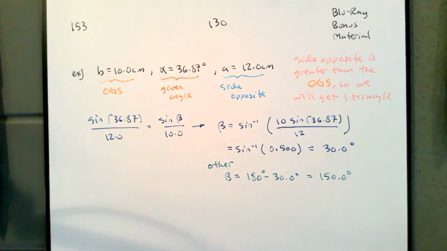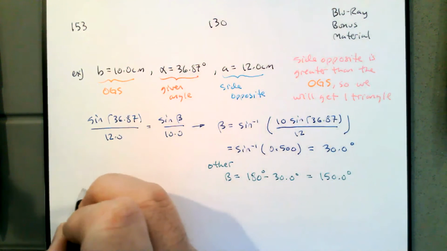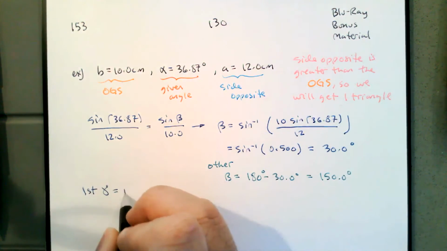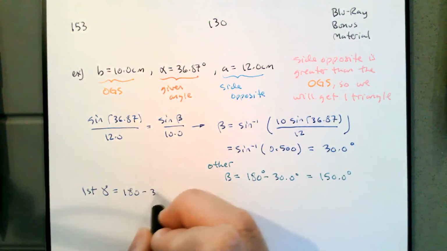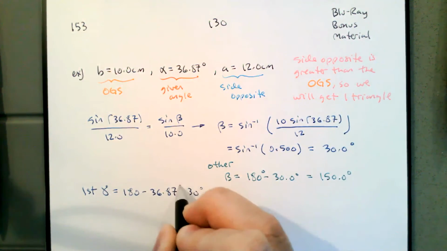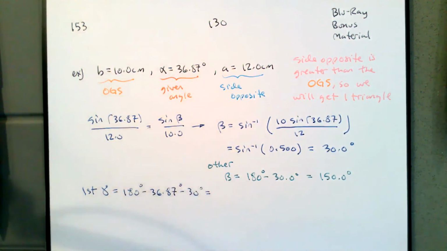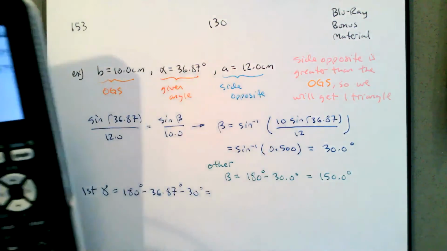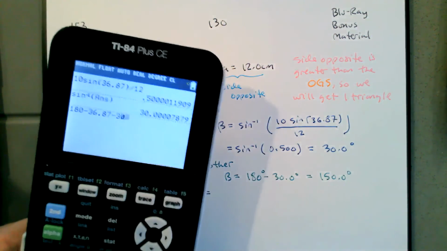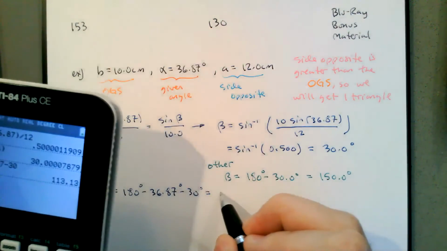So when we go to find our first gamma, we subtract from 180. So we do 180 minus the 36.87 minus the 30-degree angle. These are all degrees. So if I do 180 minus 36.87 minus 30, that leaves a 113.13.